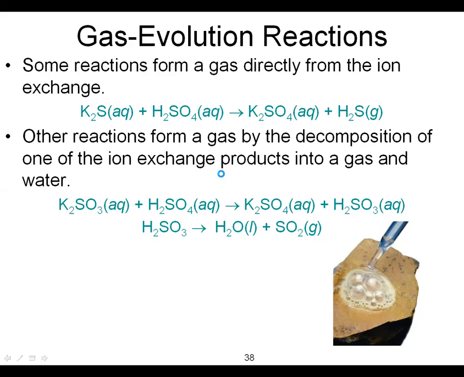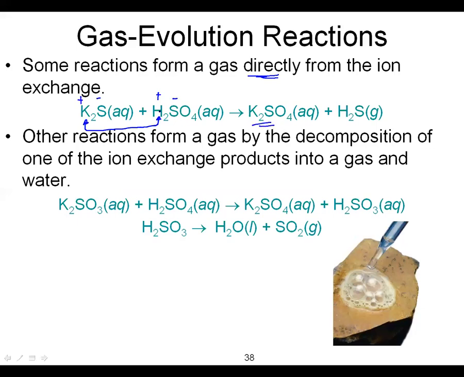Up here on top is a direct generation of those gases. This again is a positive and negative guy, and a positive and negative guy, two positive guys going to switch places, where the potassium will end up with the sulfate to give us potassium sulfate.